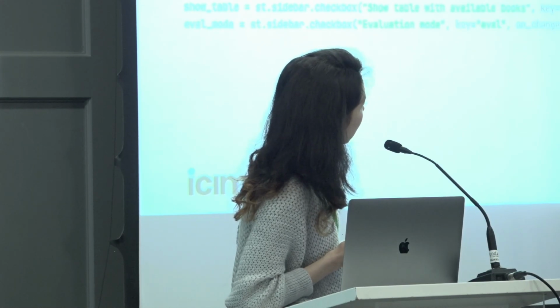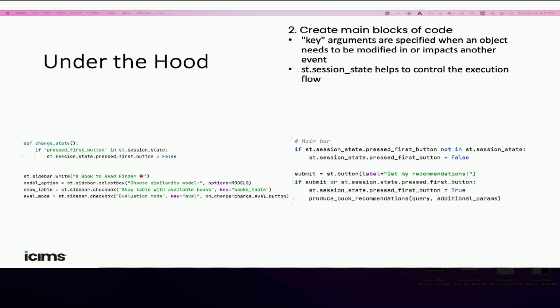And when we go into this block of code, we click submit button, we go and execute the rest of the code. But when we define the session state and set it to true, we don't need to click submit button all the time. It remembers the state and continues the execution of our code. So this is basic, but you can read about it more in the official documentation.